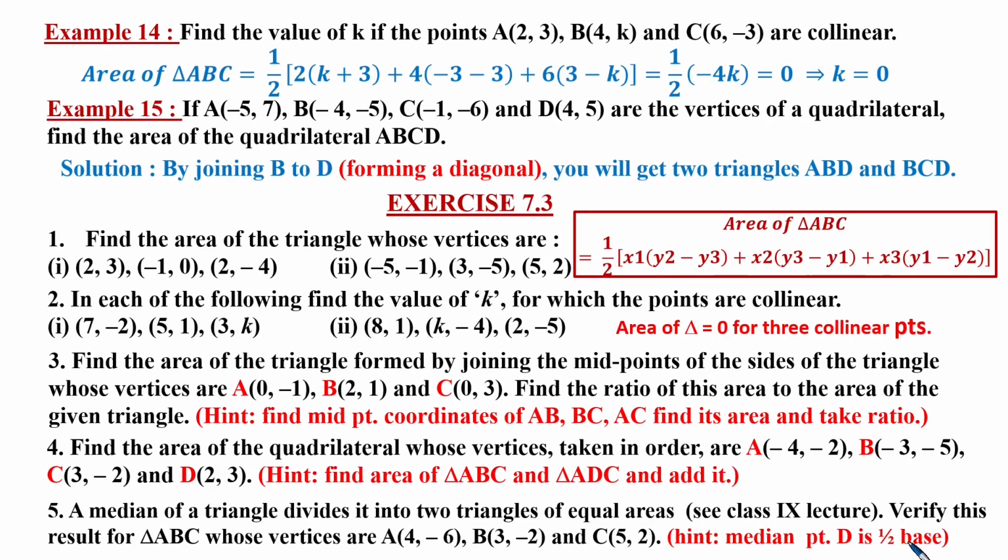If you draw from one vertex to this base, you will get a median. Then verify this result: you will have triangles, say ABD and ADC. D is somewhere in the middle. You just go through this and I'm sure you will be able to do it.